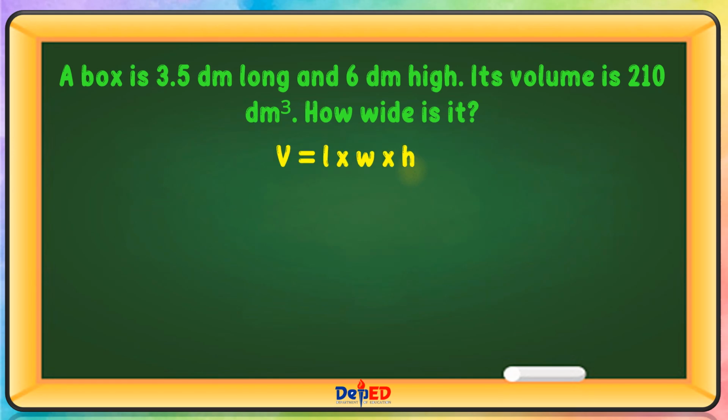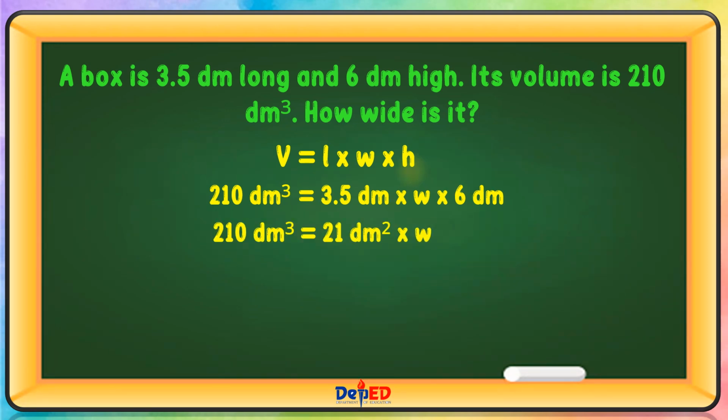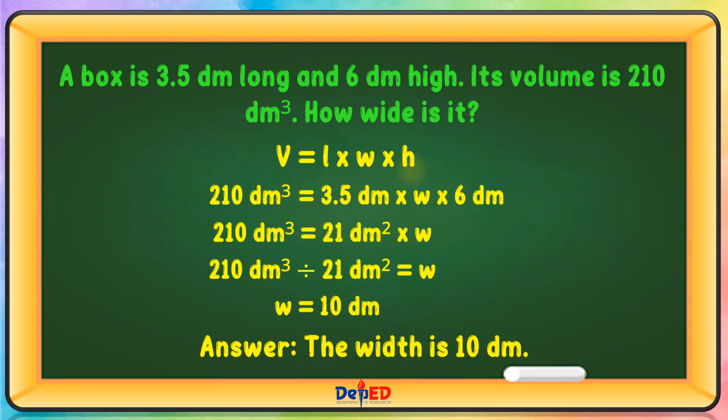Volume is length times width times height. 210 cubic decimeters equals 3.5 dm times width times 6 dm, equals 21 square dm times width. 210 cubic decimeters divided by 21 square decimeters equals width. Width is equal to 10 decimeters. Our answer is the width is 10 decimeters.